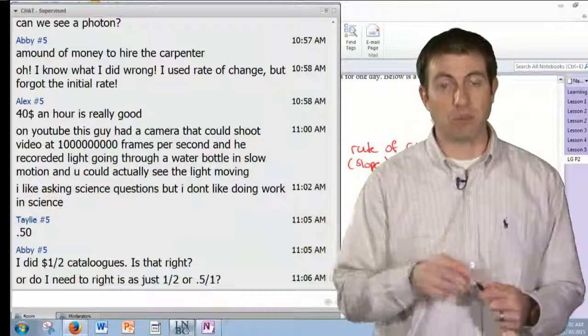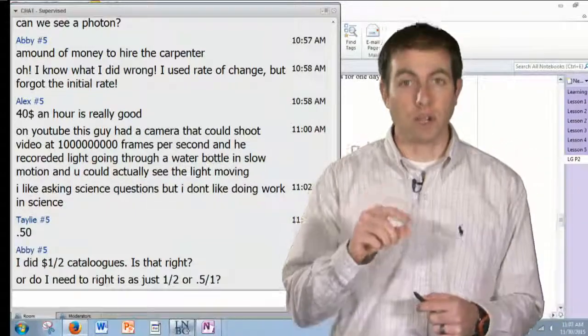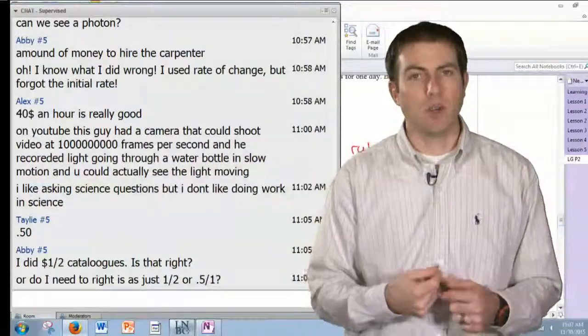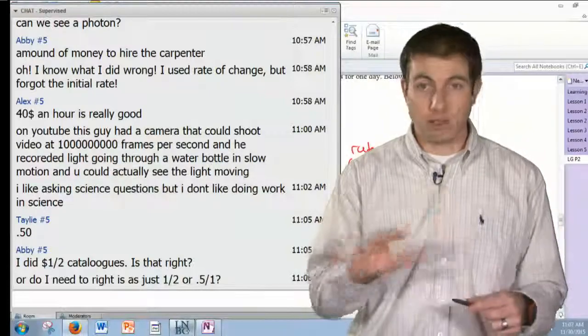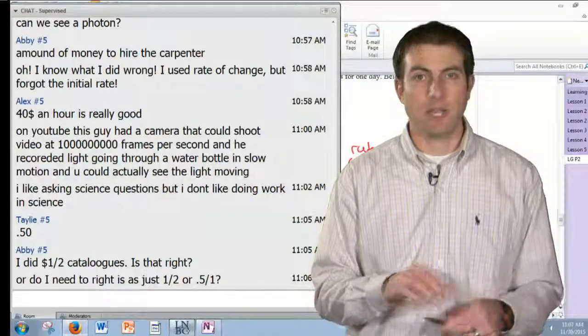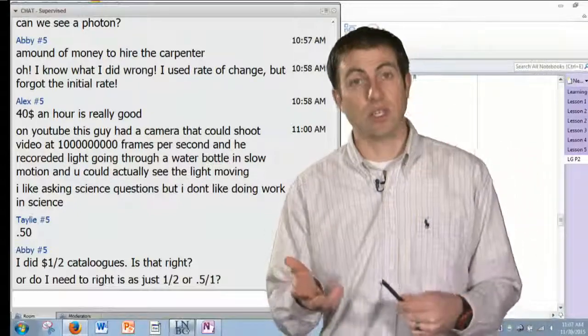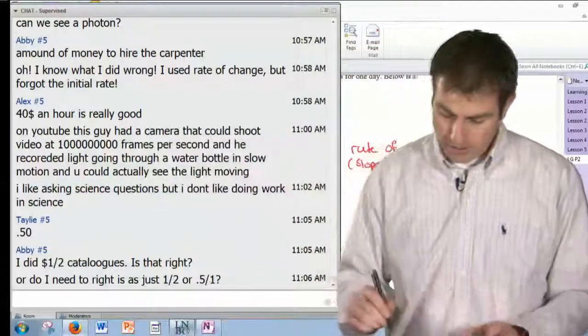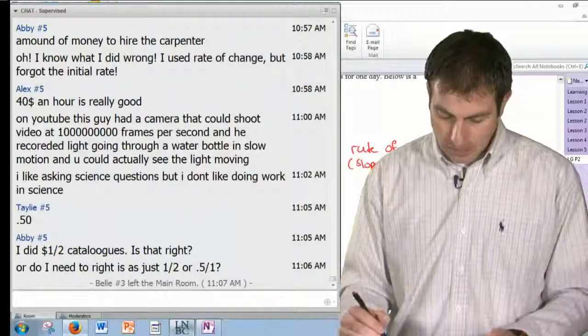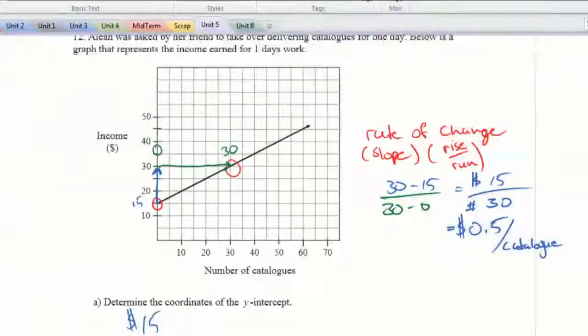Or in the previous example we looked at, it was the cost of the carpenter per hour. So the idea here is we need to forget about the initial $15 a day. It has nothing to do with how much we get paid per catalog. So the rate of change is just going to be the cost per one catalog. So we get paid 50 cents per catalog. I think that was the question.